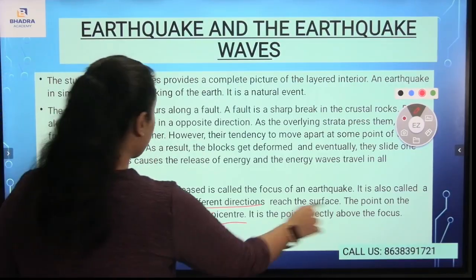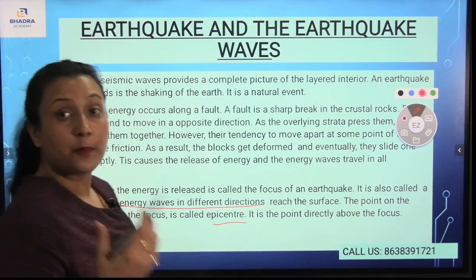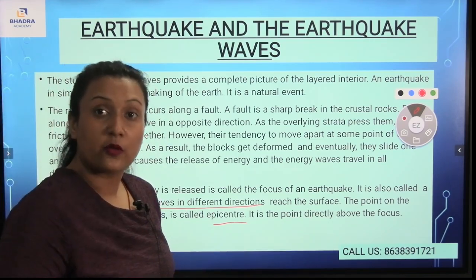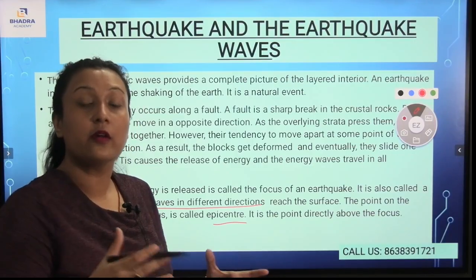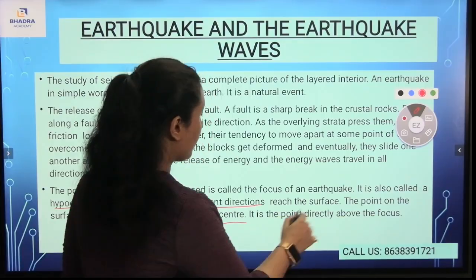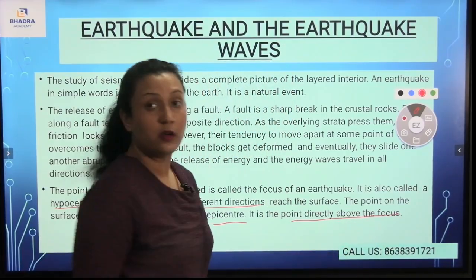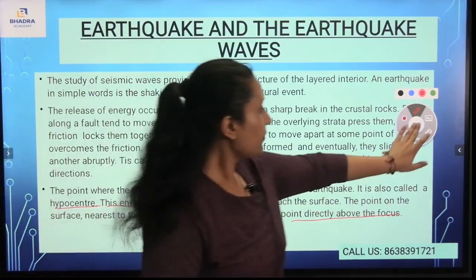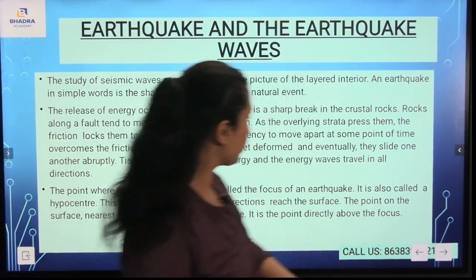And second, the point on the surface nearest to the focus is known as the epicenter, from where the energy is spreading. The epicenter is directly above the focus itself. I hope this is clear.